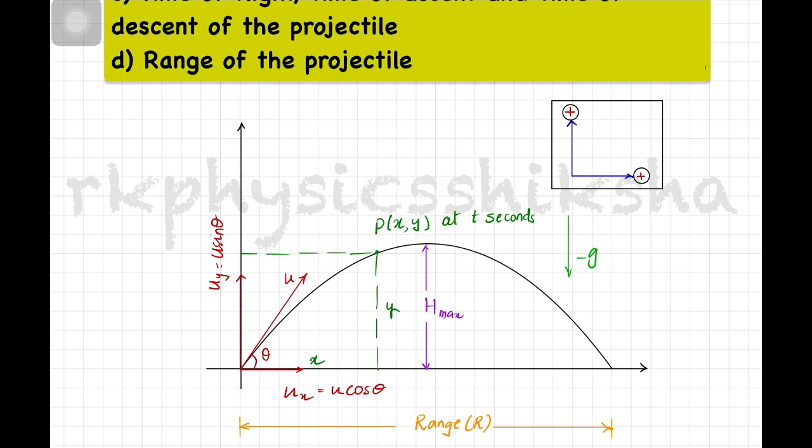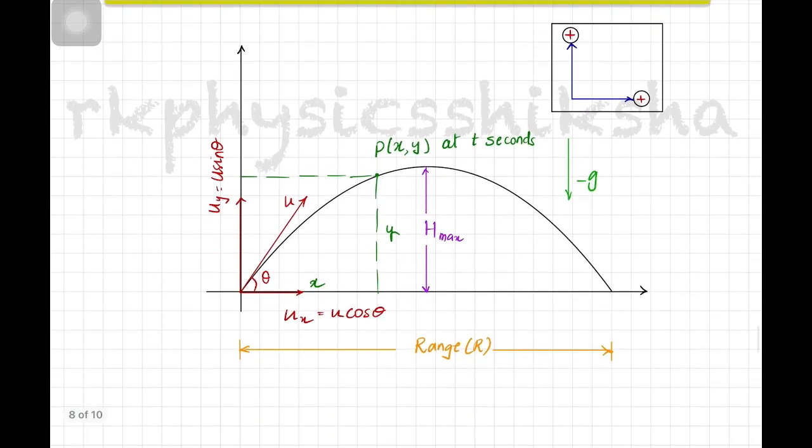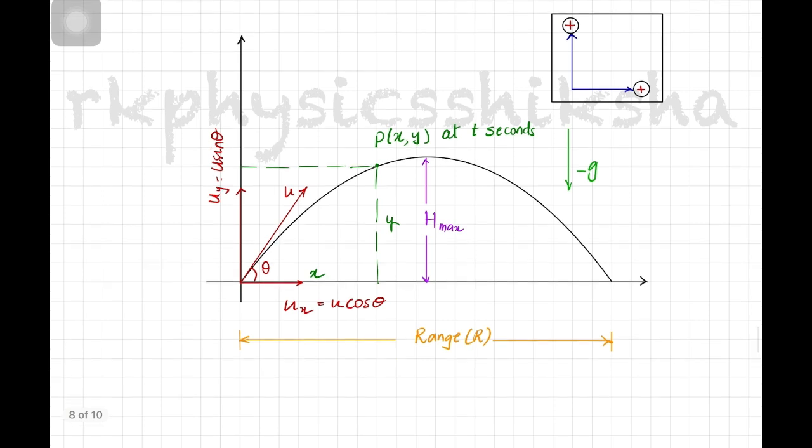So first, we have to prove that the trajectory of the projectile is a parabola. For that, I will consider the particle after traveling a certain horizontal displacement x and a vertical displacement y, and the time taken to travel these displacements is t seconds. After t seconds, the particle is located at this particular point P, with a vertical displacement of y and a horizontal displacement of x.